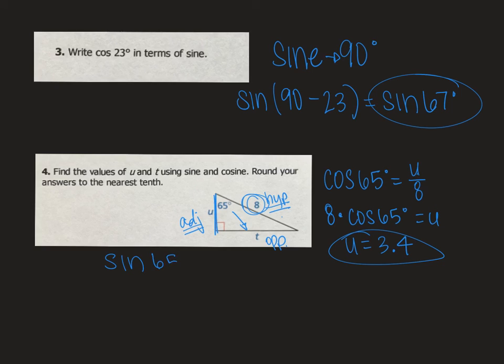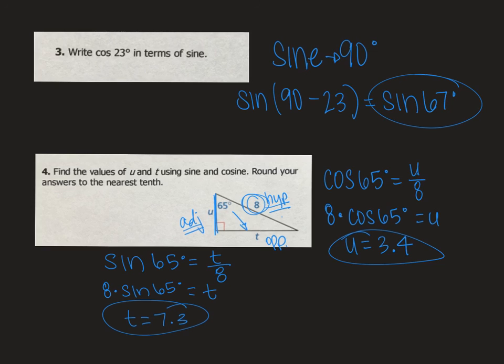So the sine of 65 degrees equals that opposite side T over our hypotenuse of 8. We're going to multiply both sides by 8 again to get T by itself. And in your calculator, 8 times sine of 65 degrees to the nearest tenth is going to give us about 7.34 for T.